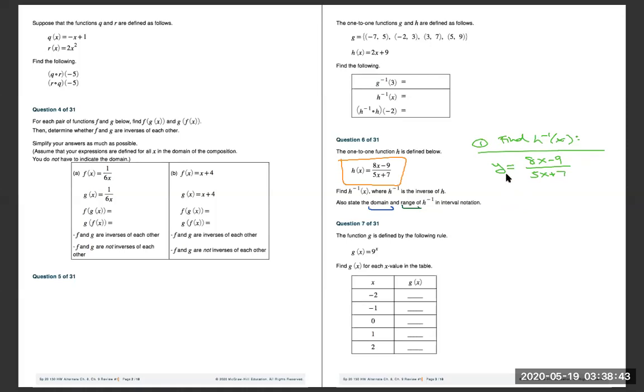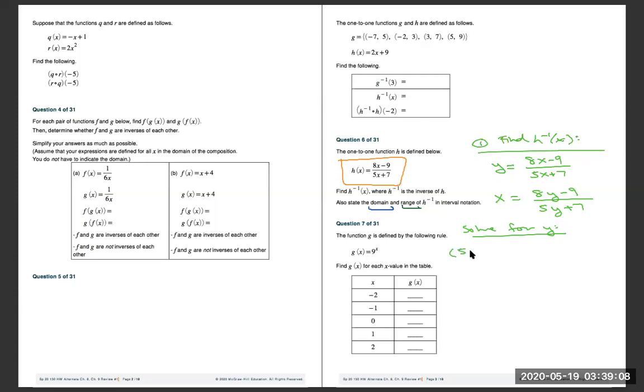Then we're going to switch x and y. So everywhere we see y, we put x, and everywhere we see x, we put y. And then we're going to solve for y, which might be a little tedious in this case.